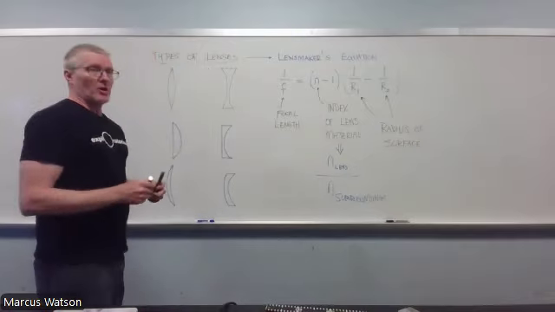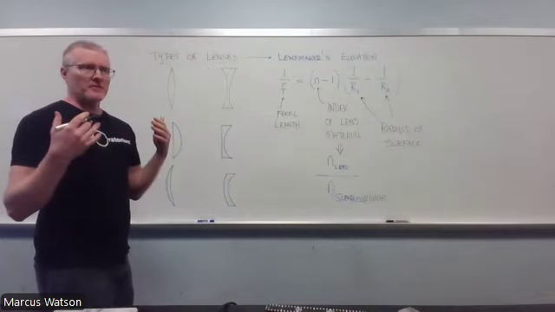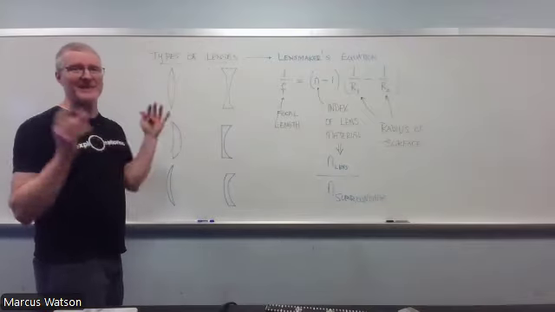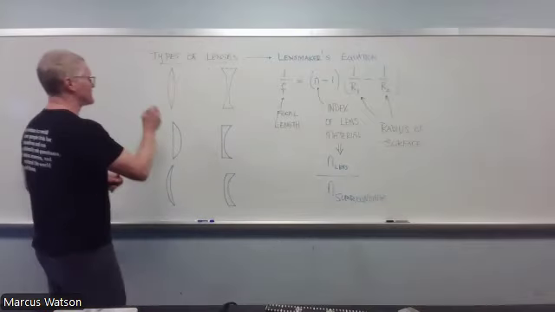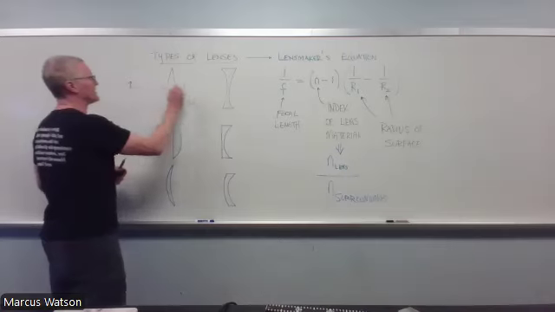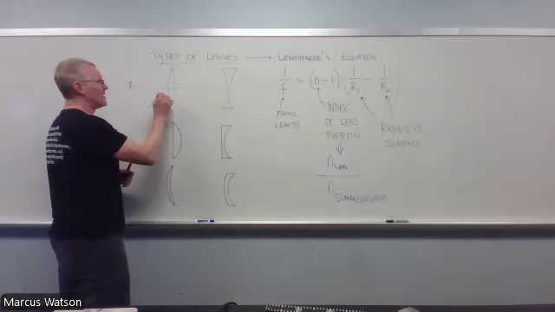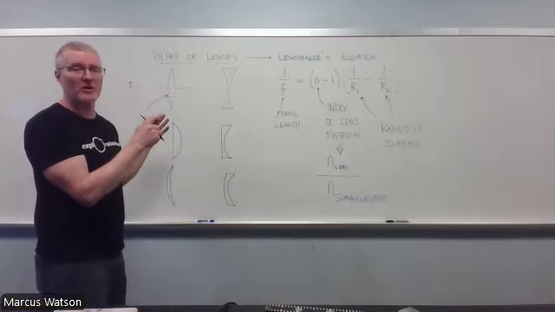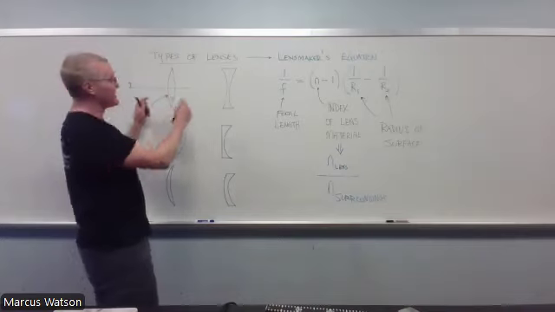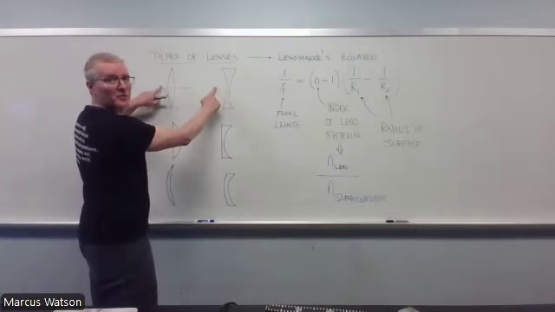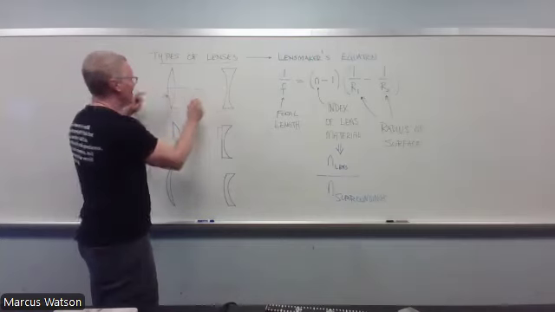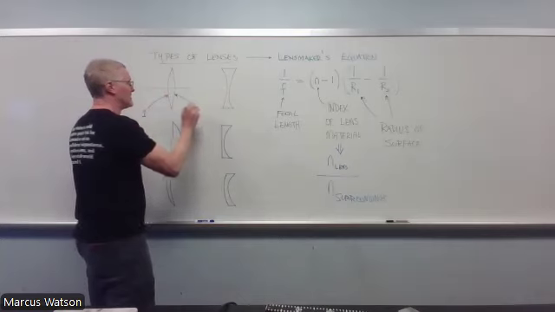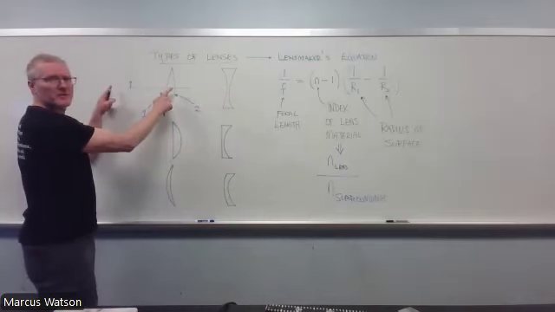Since we usually draw them as if light's coming in from the left, R1 is the one light hits first. So if I had an object over here, for this lens, then R1 is that surface, and the radius would be measured from here to here. This one would be surface number 2, and therefore its radius would be over here with the object.